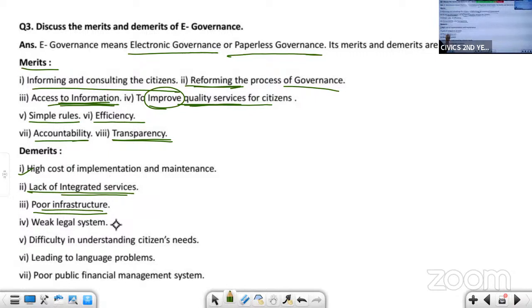They are trying to provide all the benefits of e-governance, but the infrastructure is very poor. And weak legal system. There are no proper laws for it. The legal system is very weak, and it is difficult in understanding the citizens' needs.